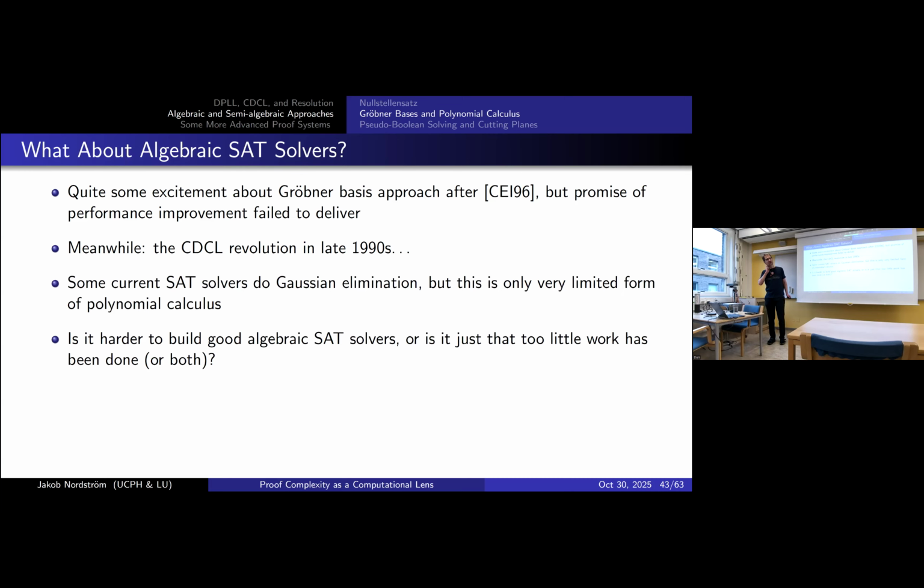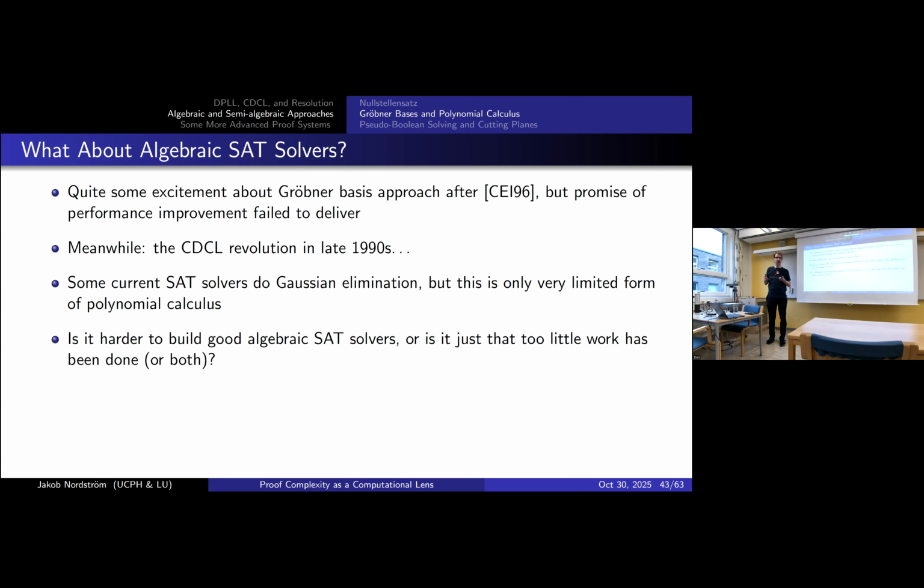There are some modern SAT solvers that perform Gaussian elimination, and Gaussian elimination is stronger than resolution, but can be modeled by polynomial calculus, but it's a very, very limited form of polynomial calculus. One thing that I don't know is why we don't have algebraic SAT solvers. I don't know if it's because they're somehow harder to build, maybe proof search is just harder.